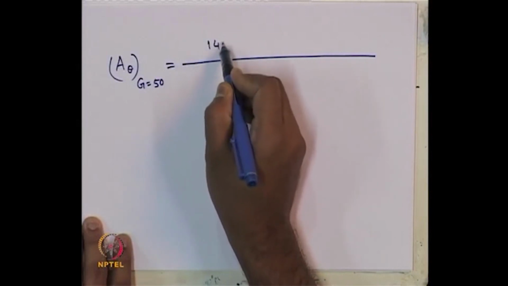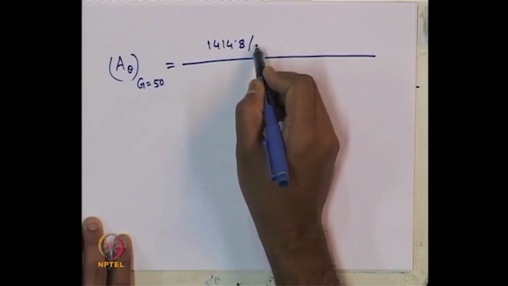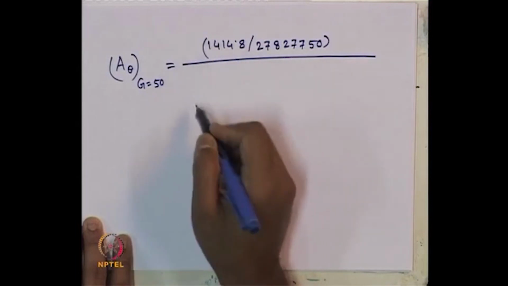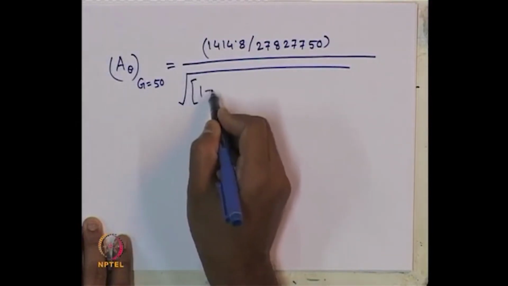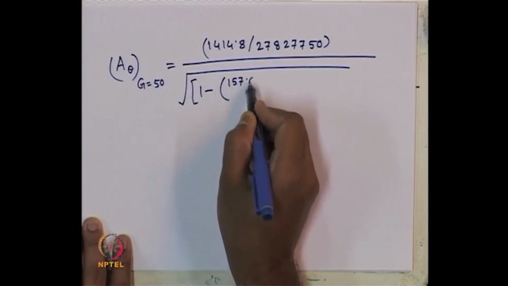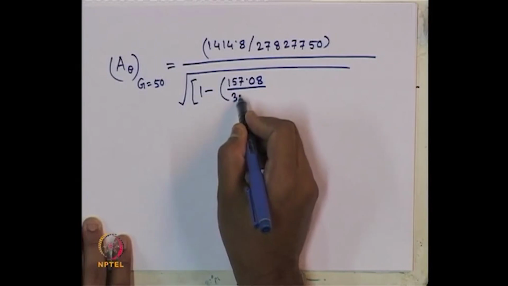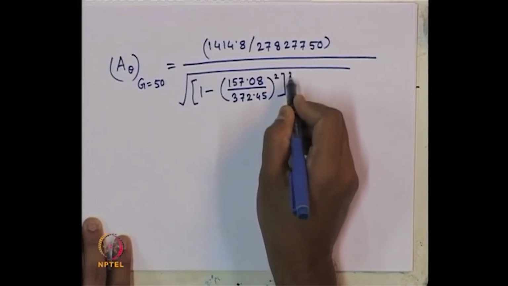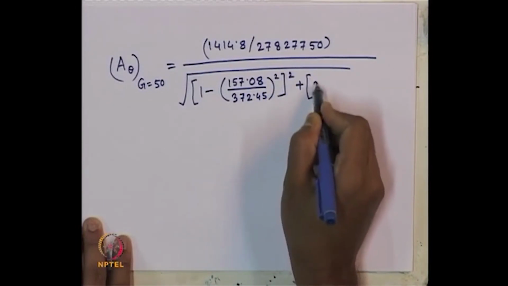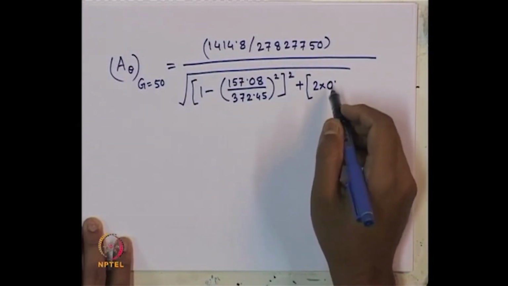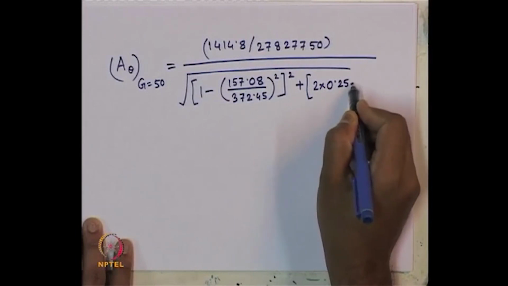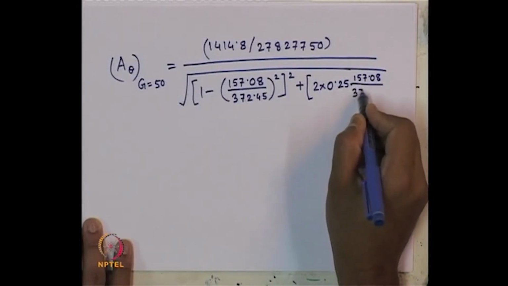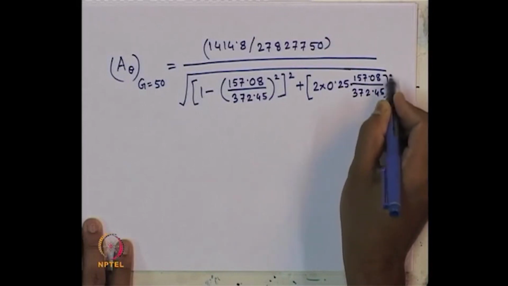T theta is 1414.8 divided by K theta, which is 27827750, by root over 1 minus 157.08 by 372.45, that is the omega n we had calculated, whole square, plus 2 into eta theta we had calculated, 0.25, times 157.08 by 372.45, that whole square.